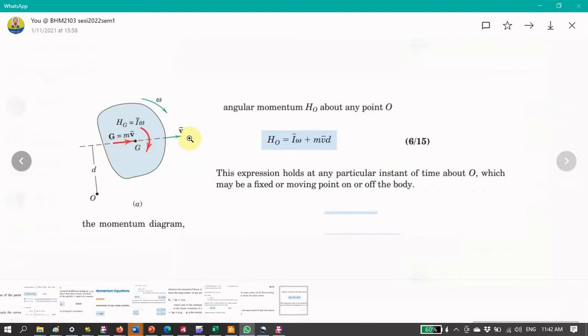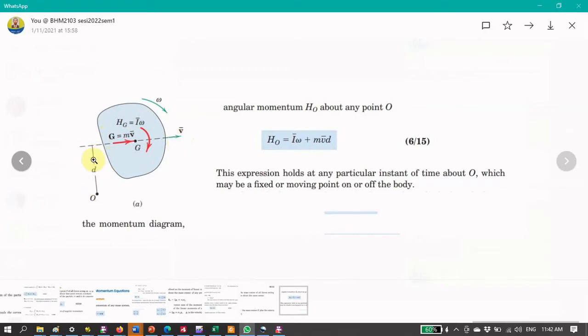We have the angular momentum of the rigid body about the mass center plus the mass of the rigid body times the translational speed of the rigid body times the distance normal to the velocity vector, right?